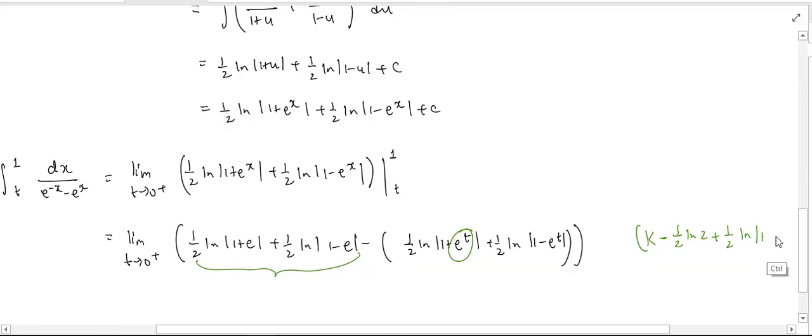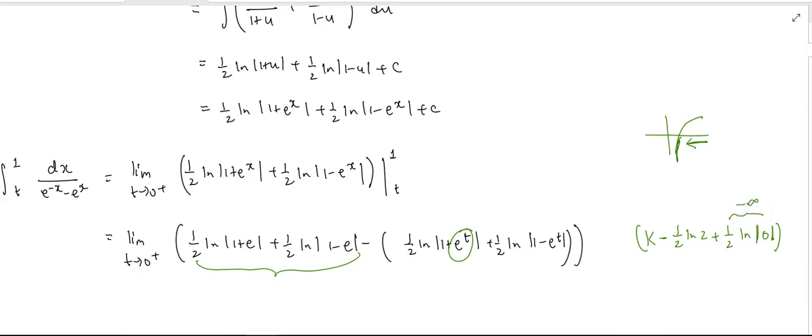So ln of 0 actually, ln absolute value of 0. At alam natin ng ln, the graph of ln is something like this. So as x goes to 0 from the right, papunta siya kay negative infinity. So dahil may absolute value, this goes to 0 from the right. So this one goes to negative infinity.